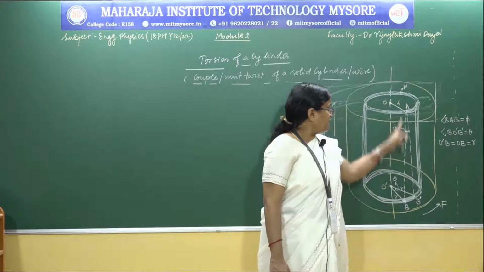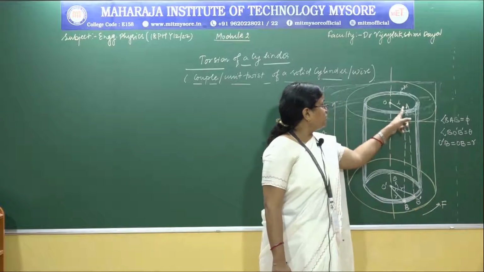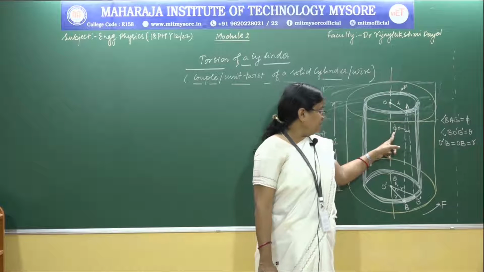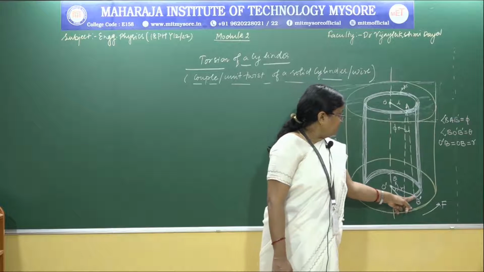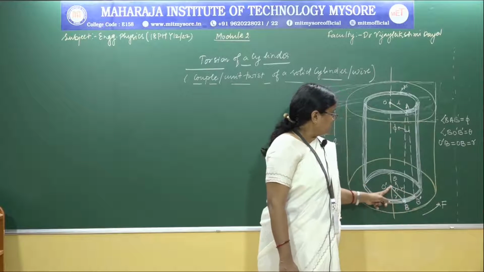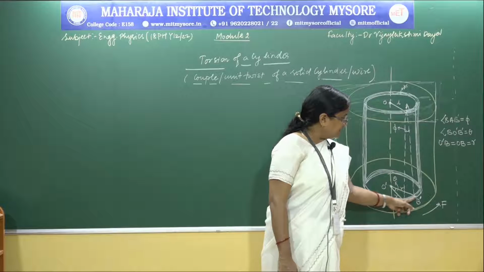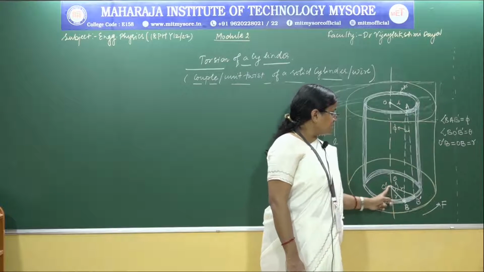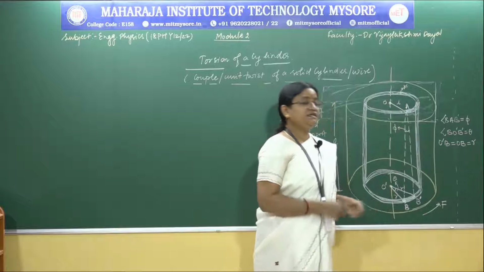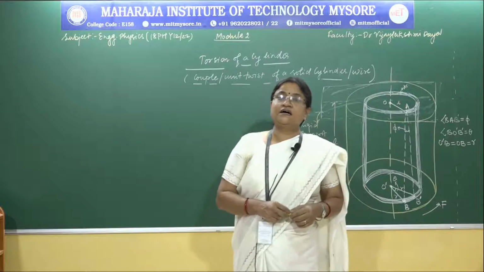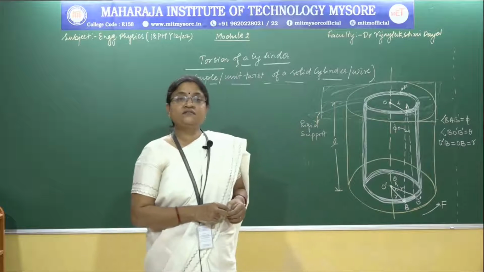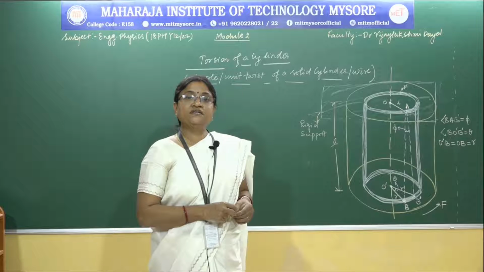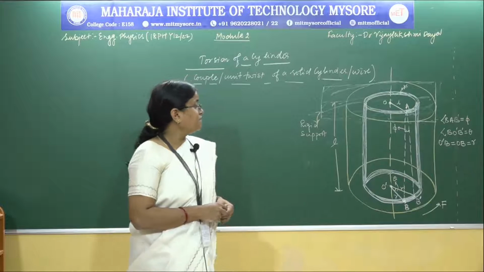The angle made by BB dash at point A is phi, and the angle made by BB dash at the origin of the lower surface of the cylindrical structure is theta. So this theta measures the amount of twist produced in the structure.